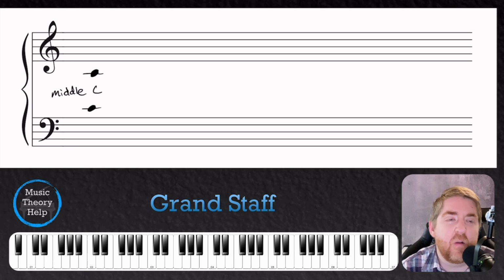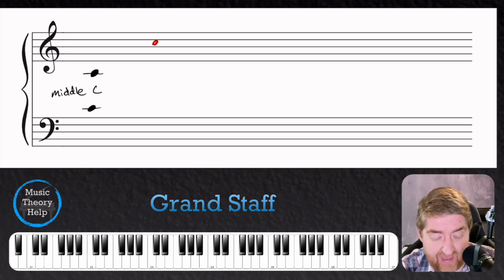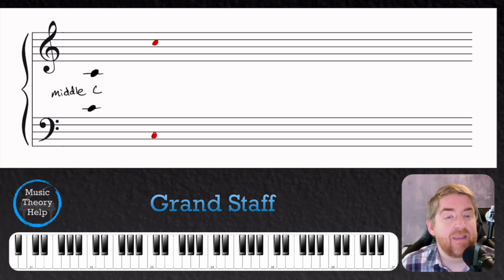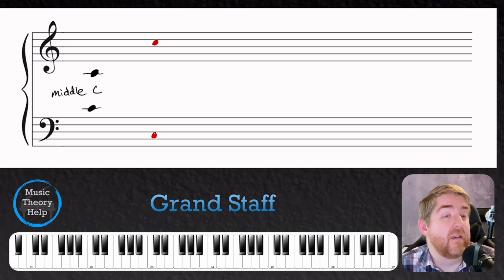I want you to see a little bit of how the treble clef and the bass clef are related. We'll talk more about middle C in the next video, but you see on treble clef, the middle C is a ledger line below, and in bass clef, it's a ledger line above. In treble, let's write an octave above that C, and in bass, we'll write an octave below. In bass clef, you see how we're on the second space from the bottom.